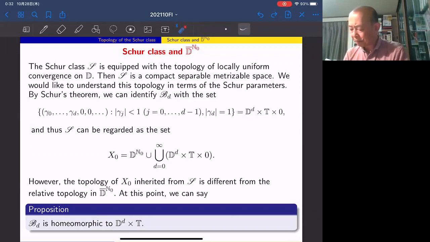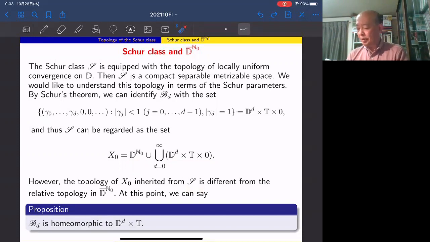Therefore, Schur's theorem implies that this X naught is just a union of this kind of set, and also just a direct product of the interior of the unit circle. However, the topology of this is not necessarily the same as this one, as I said.